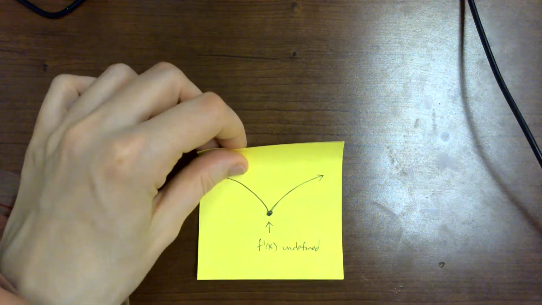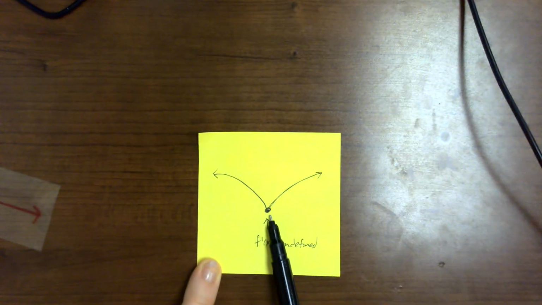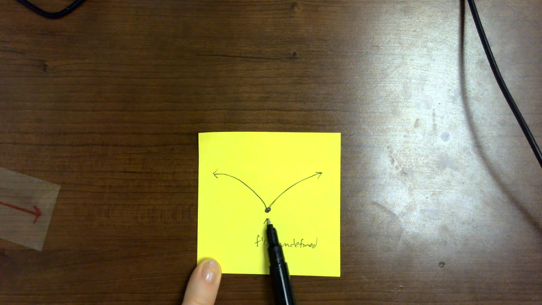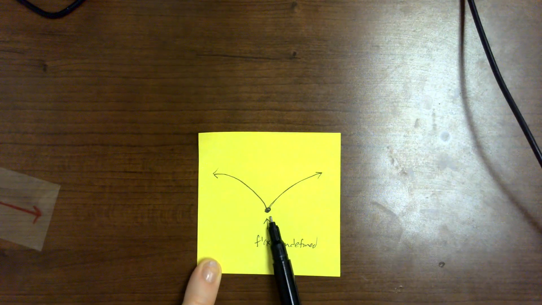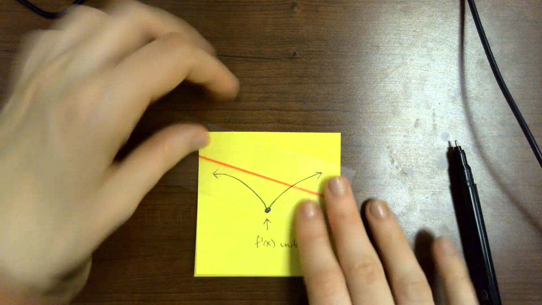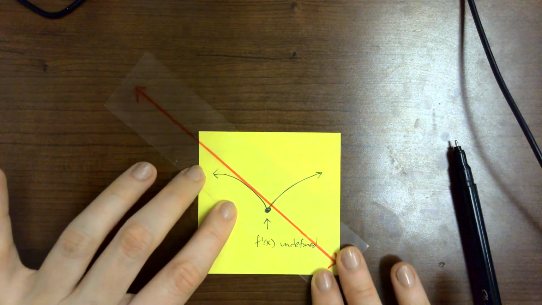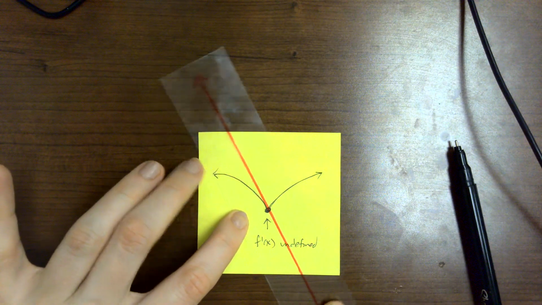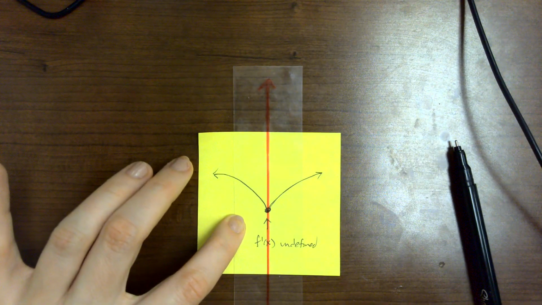Here we've got a point where the graph is not smooth. We've got a corner, or this is called a cusp, but it's like a corner sort of thing. Now let's look at the tangent slopes. From the left, they're approaching a vertical situation, and the slope of a vertical line is undefined.